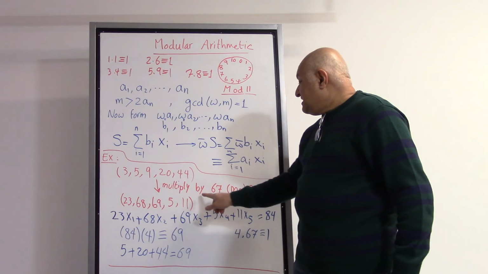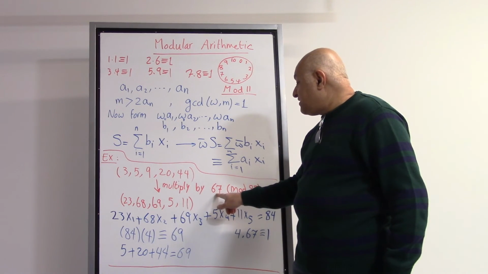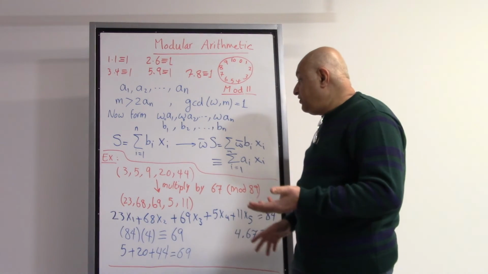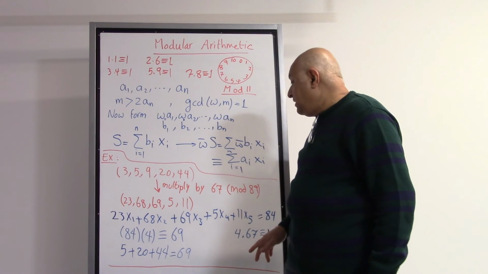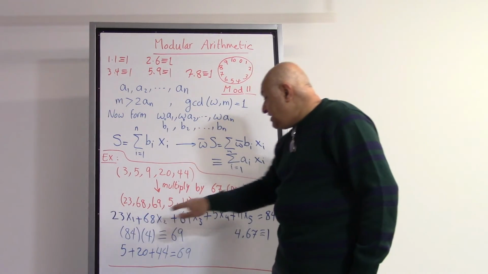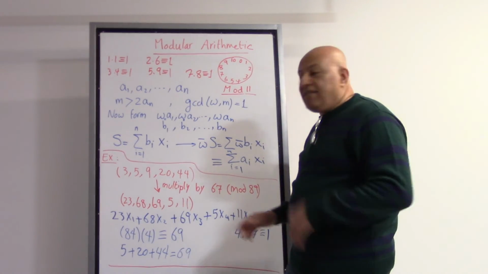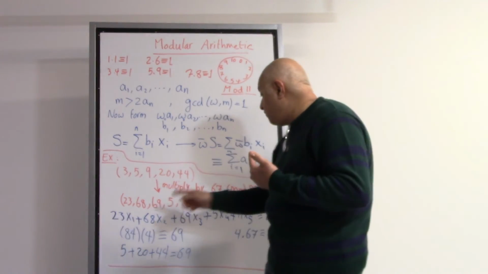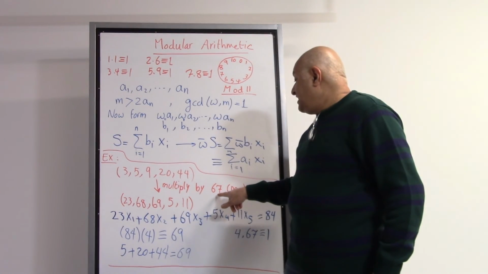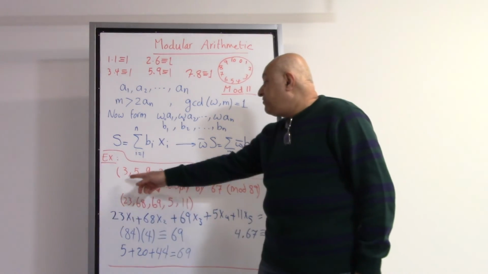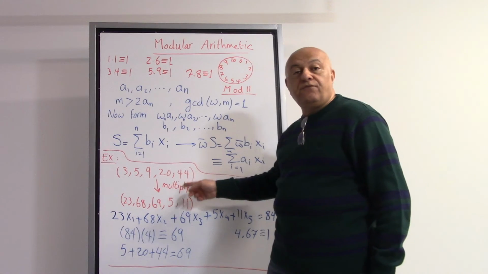Look, the inverse of 67 mod 89 is 4. The only thing you need to do is multiply this number by 4 and all these also by 4. When you multiply 4 by each one of these, since 4 is the inverse of 67, you get back 3, 5, 9, 20, and 44.